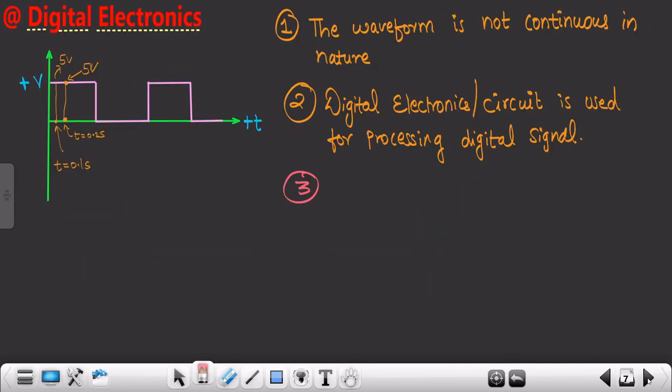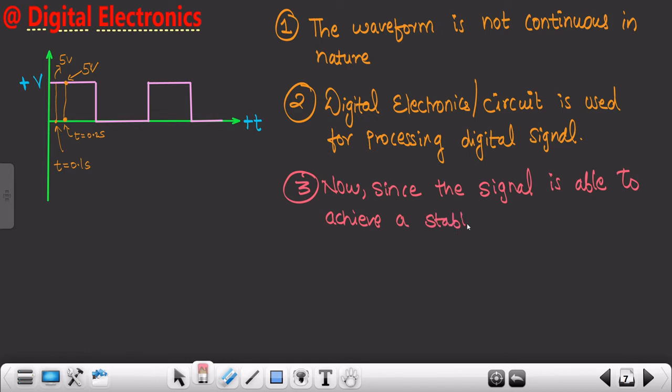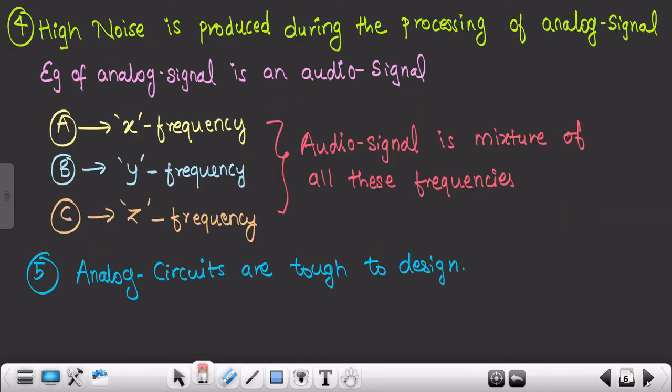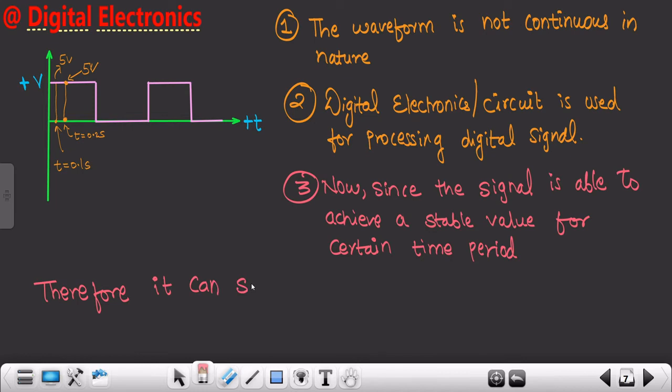So see, what we can write is, now since the signal is able to achieve a stable value for a certain time period, therefore it can store such a signal.